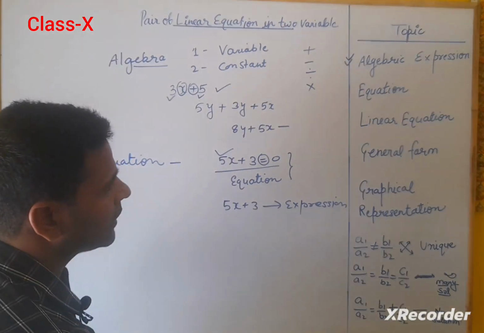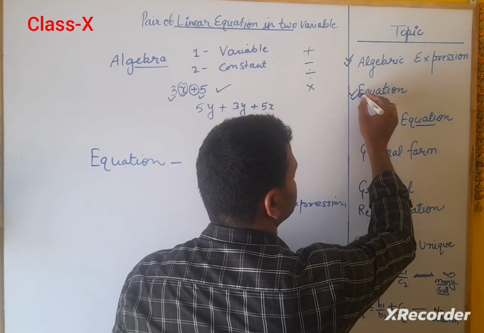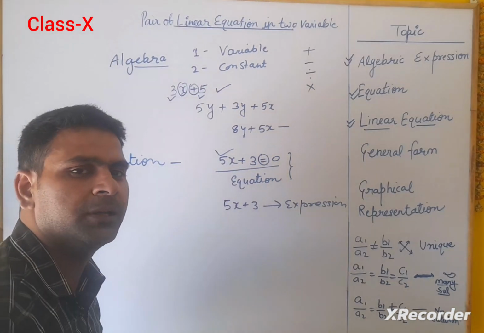Now come to the linear equation. What is linear? Linear means the maximum power should be 1.